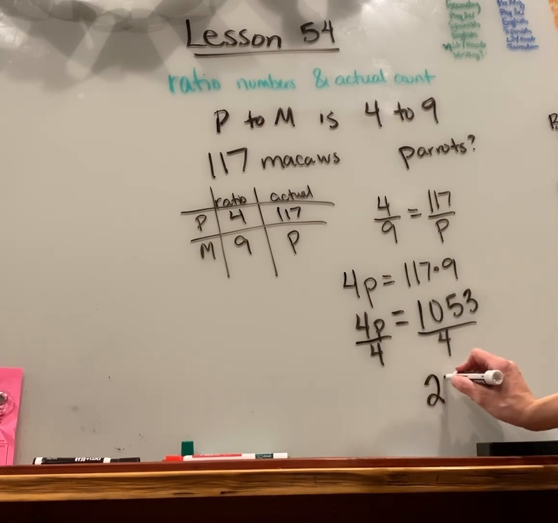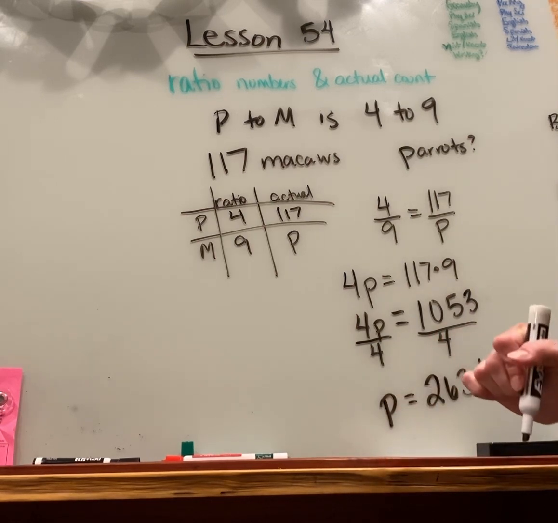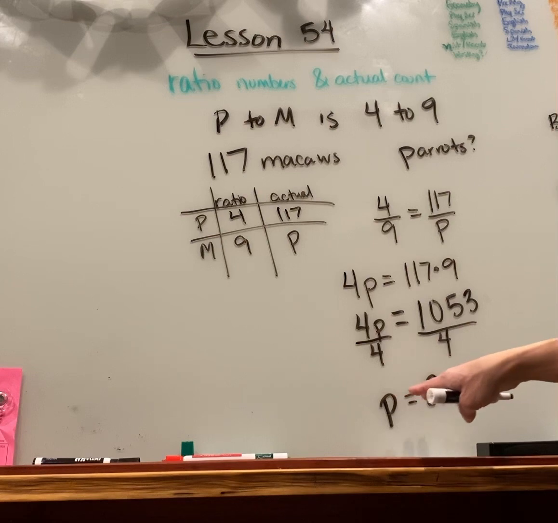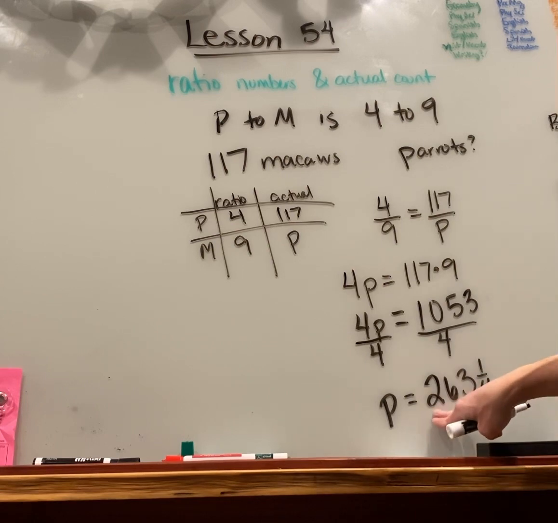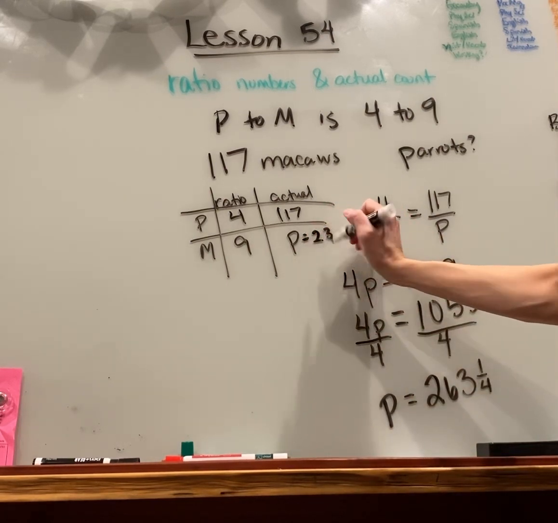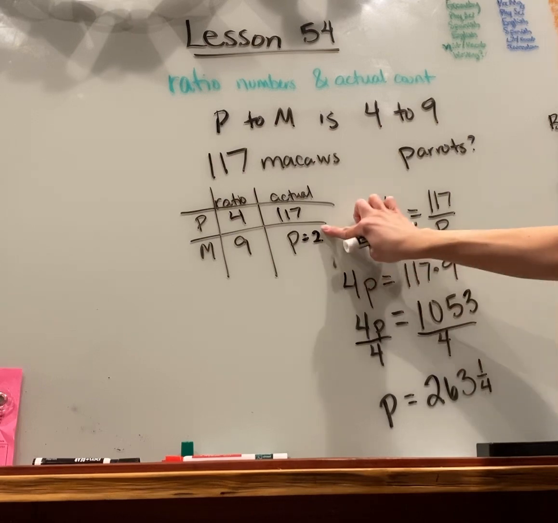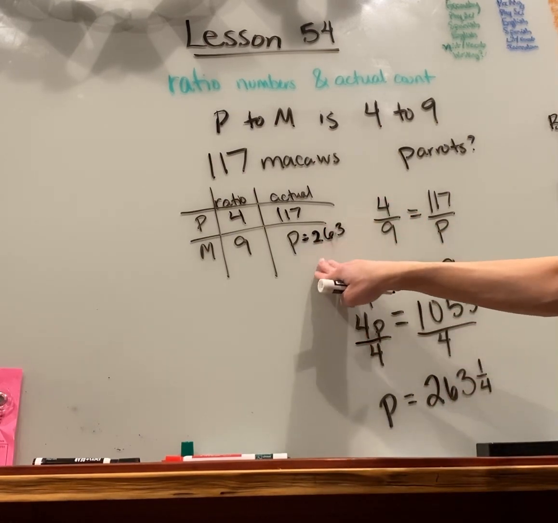So it's 263, and for some reason a quarter of a parrot. So I'm sorry my numbers didn't work out, but if you're doing it from the book, it should come out as a whole parrot. But we're going to have about 263 parrots. Whoops, I think what I did is it should have been parrots and not macaws.